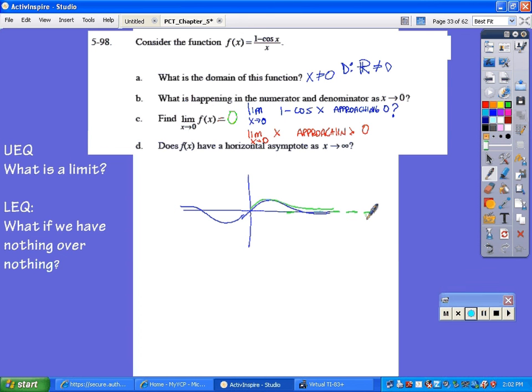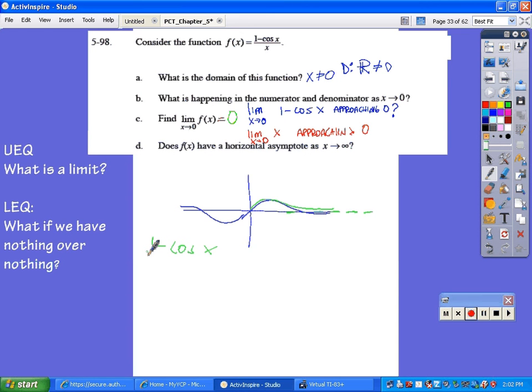So regardless, 1 minus cosine, that means you're always subtracting a number no bigger than 1 from 1, going to infinity. And you divide that by a really big number, infinity. Remember, cosine keeps repeating itself. It can never be bigger than 1 or smaller than negative 1. So you're always going to be getting a number between 1 minus 1 is 0, and 1 minus negative 1 is 2.